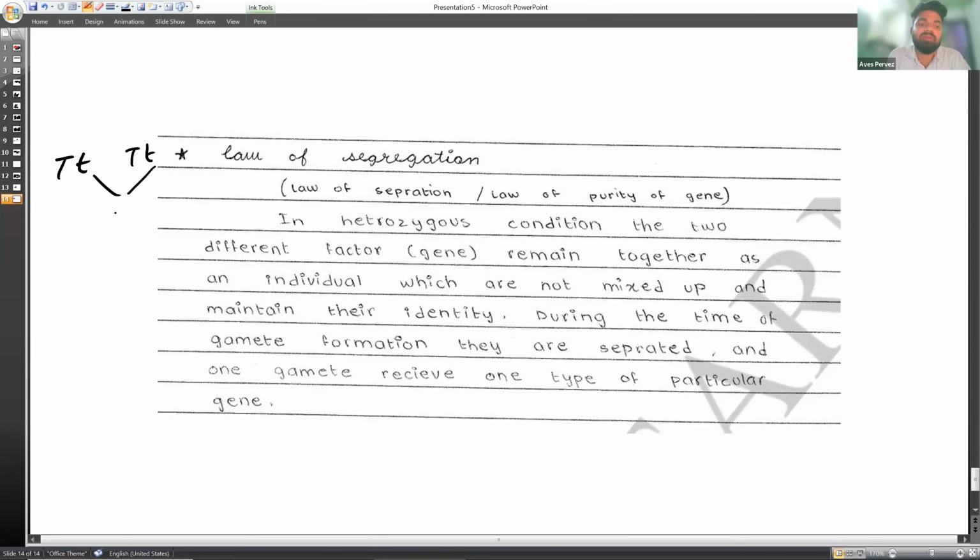But whenever it mixes and gives you small t, it means they are maintaining their identity of dwarfness. Got it? So the question in the examination will be how Mendel's experiment shows that the factors maintain their identity and are not intermixed. We can explain it with the help of the monohybrid cross. So note it down.